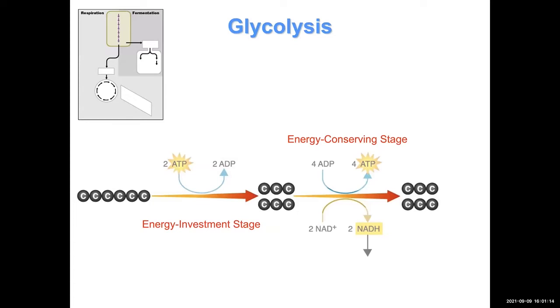We're going to begin with glycolysis. Glycolysis, remember, means, what does it mean? It means sugar, breaking of sugar, right? Glucose is the most common energy source that's used by cells. I already mentioned that to you, right?